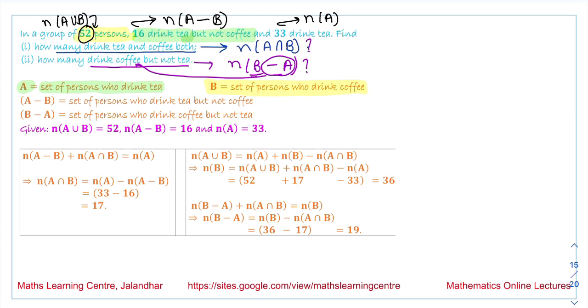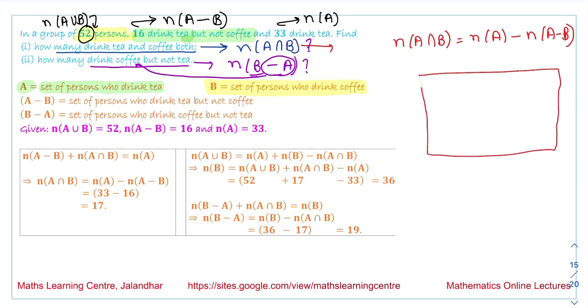Now for the first part, we have the formula n of A intersection B is equal to number of elements in A minus number of elements in A minus B. Why are we saying so? We have seen this Venn diagram, where A and B are two sets.